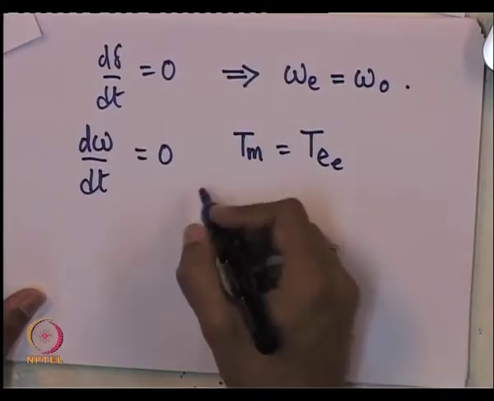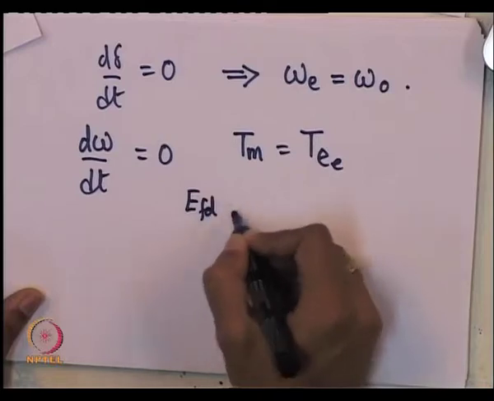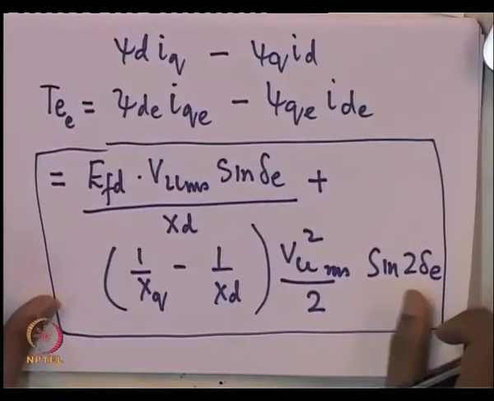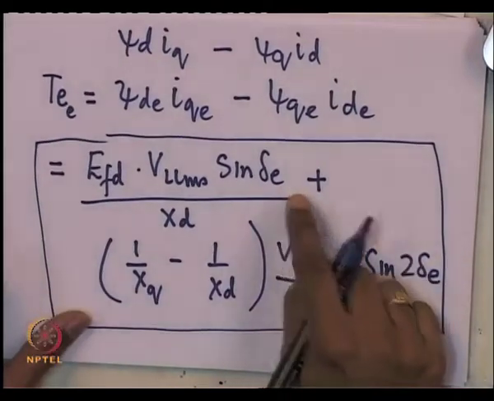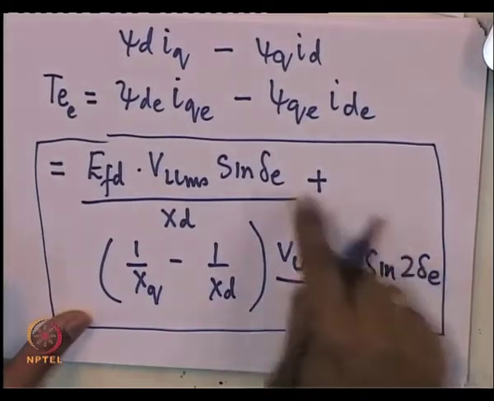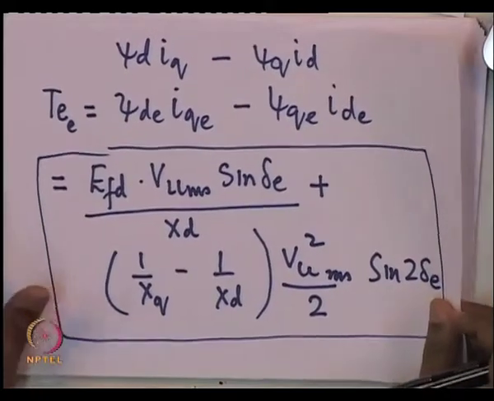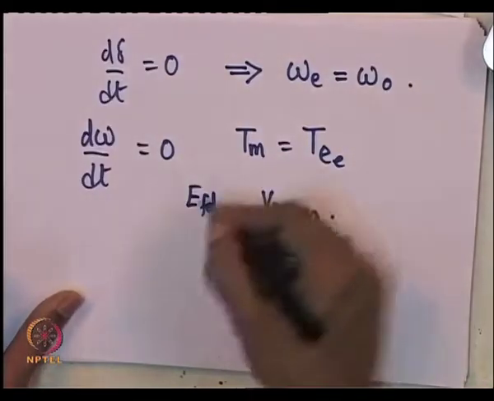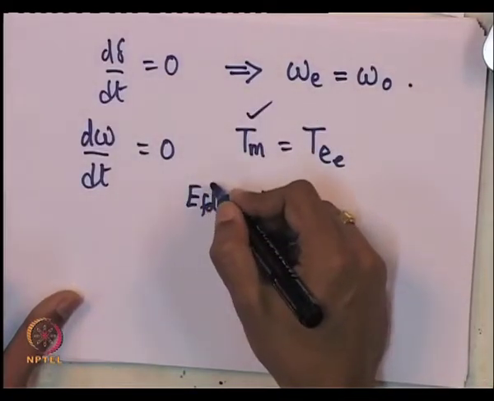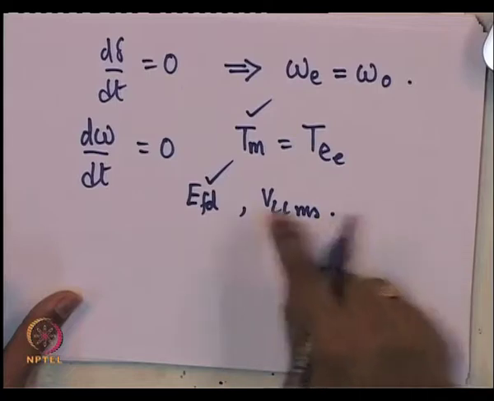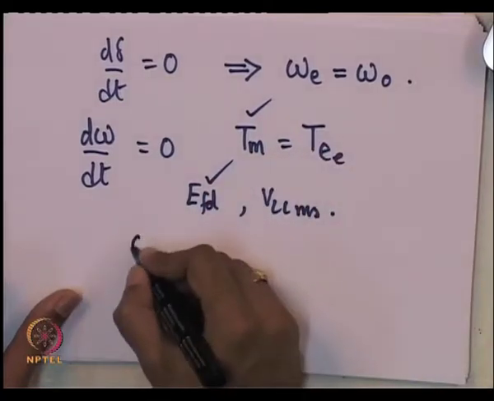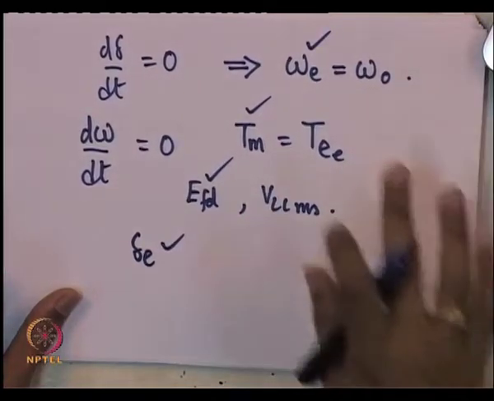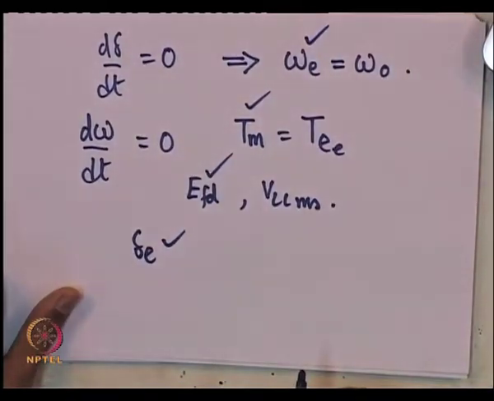Now, if we know what E FD is and what V line to line RMS is, from this we can easily back calculate the value of delta e. I know what T e is, it is T m. So, if I have given you the mechanical torque and E FD, you should be able to compute delta e. So, the first state, the second state is computed. These are the equilibrium values of omega e and delta e.